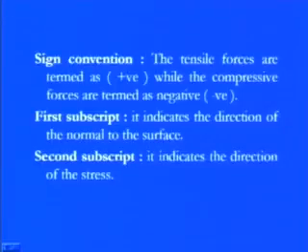That is, what exactly the direction means, what the domain of the surface is, and how the cutting plane is cut. If it is cut perpendicular to the x-axis, as in the first case, the first subscript in sigma xx, tau xy, tau xz is always x, because the cutting plane is perpendicular to the x-axis. Similarly, if you go to the y direction, the cutting plane was perpendicular to the y-axis.